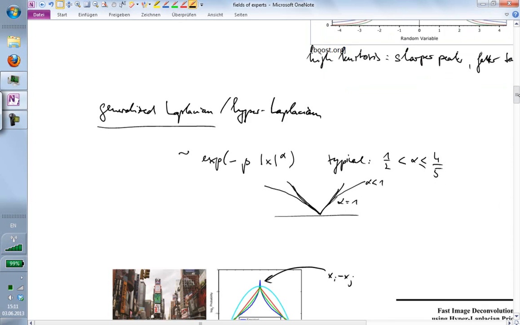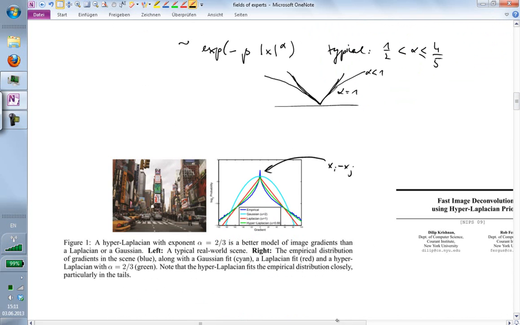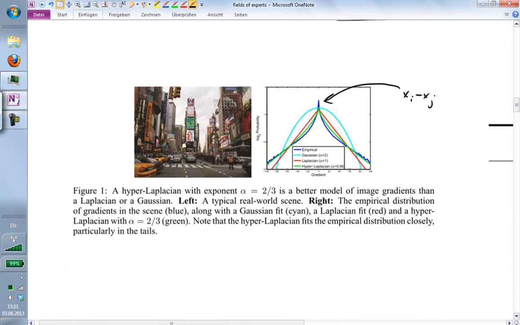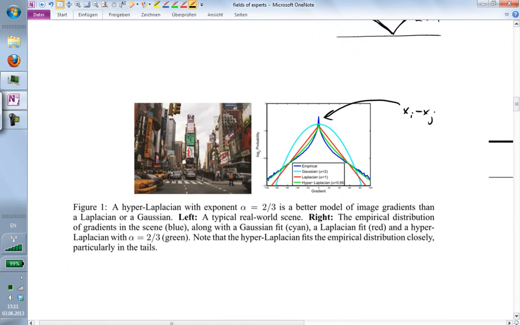Okay, now back to this image from Krishnan and Rob Fergus. So this is a log histogram of an approximation to the image gradients in the image on the left-hand side.